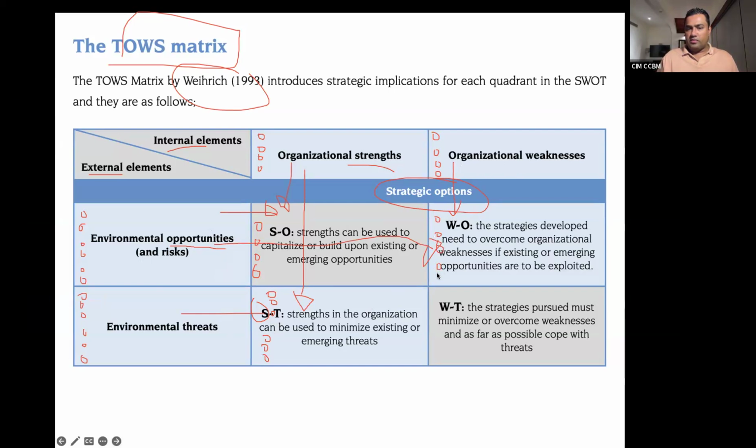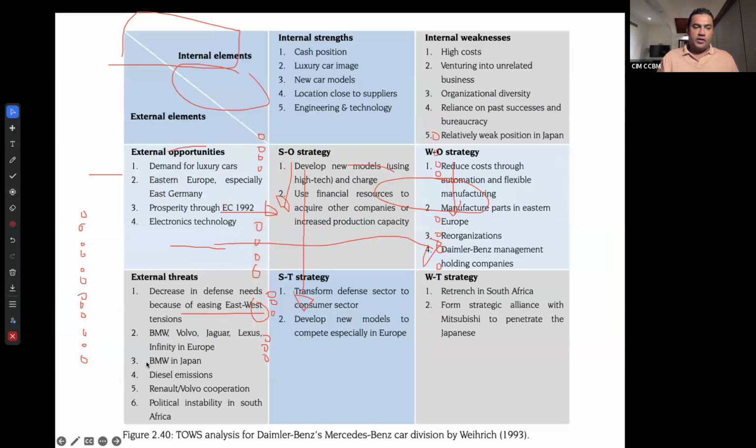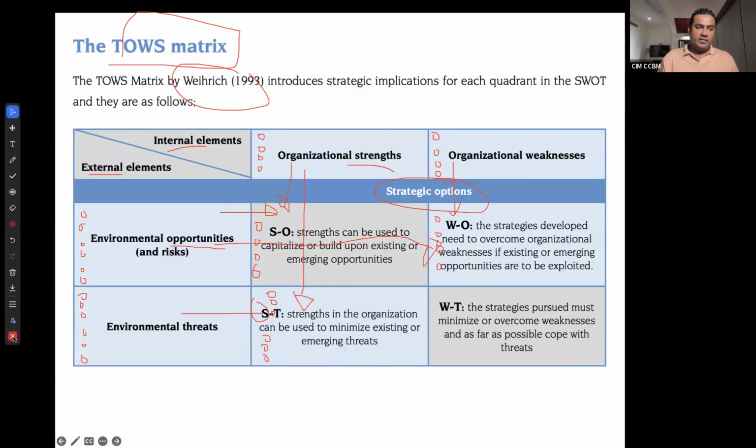And finally, what are the weaknesses you need to overcome in order to mitigate certain threats? Again, you can put those points here. Now I'll give you an example for this in the next page.